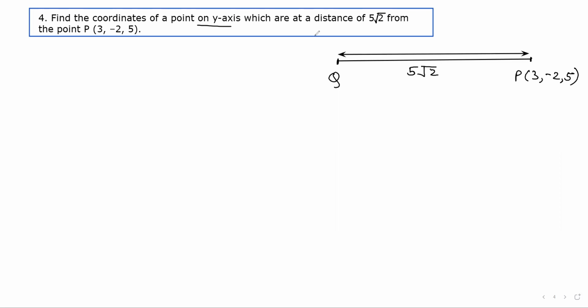And what do we mean by the point lying on the y-axis? In general, the coordinates would be x, y, z. But since the point lies on the y-axis, its x and z coordinates will be 0. Which means that this Q lies on the line which is your y-axis.